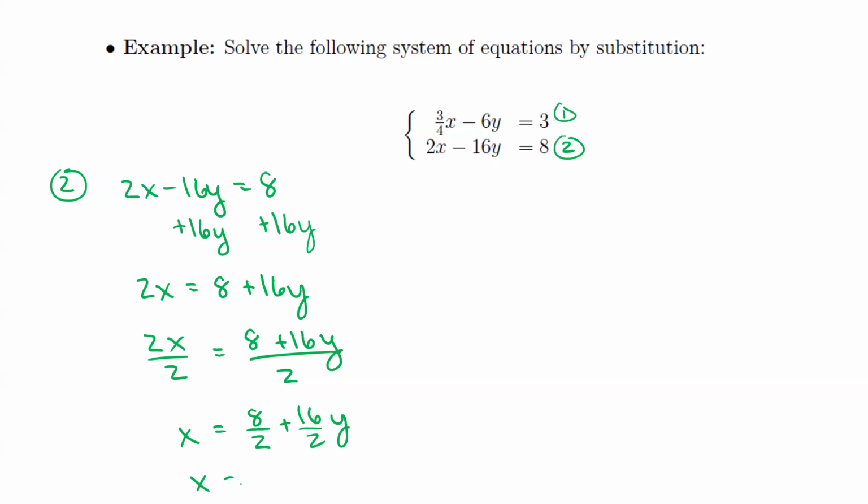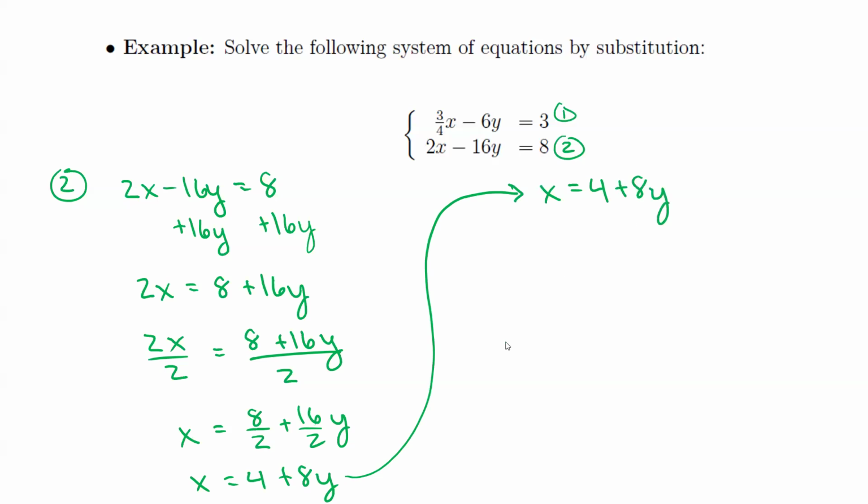So x is equal to 4 plus 8y. All right, it was a little harder to get x by itself than on the previous questions, but we'll approach the rest of this the same way.